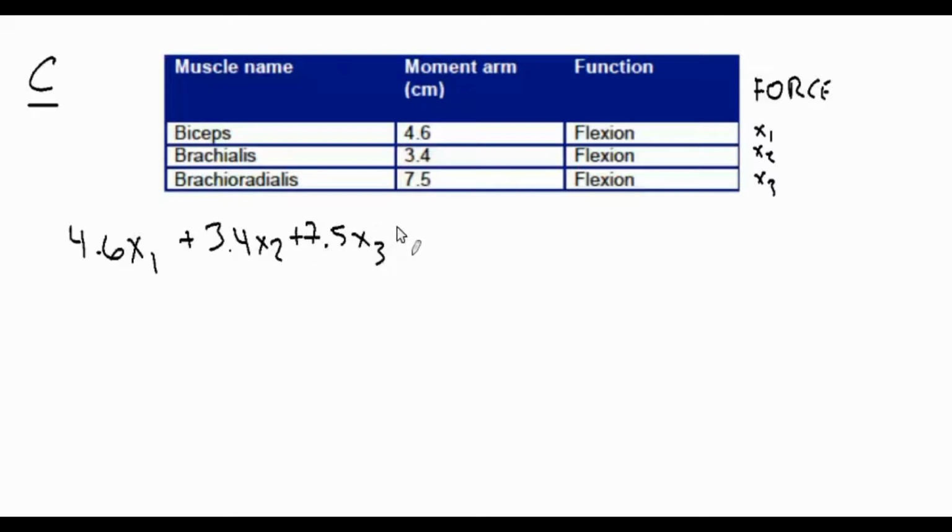Now we have what's going on the other side of the elbow, which was our 15 centimeters times negative 12 newtons of force plus 30 centimeters times negative 20 newtons for the ball.